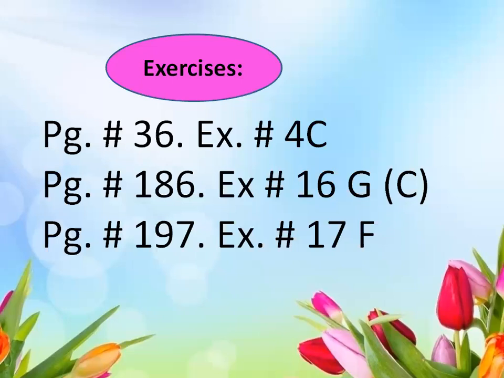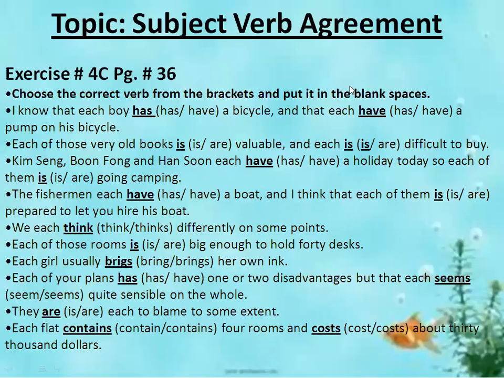In the topic column in the index, mention exercise 4C, page number 36. Write it down in your index and then open your copies. Make a title page of the topic name, subject verb agreement. You should be very fast.